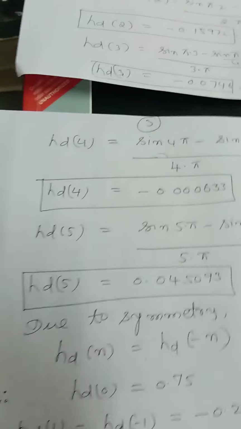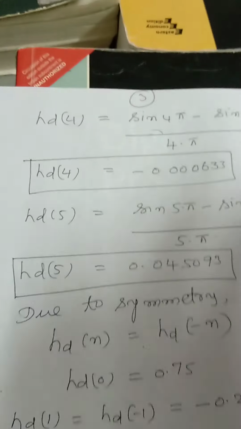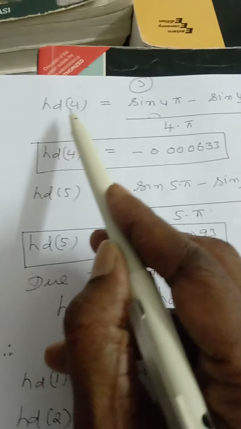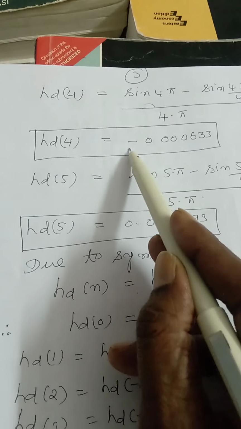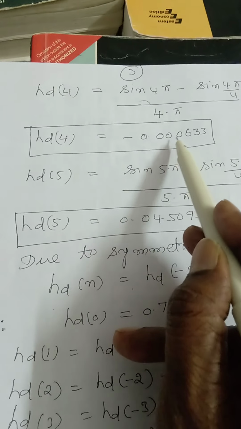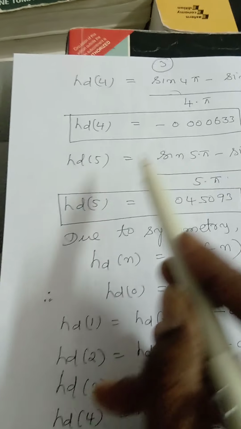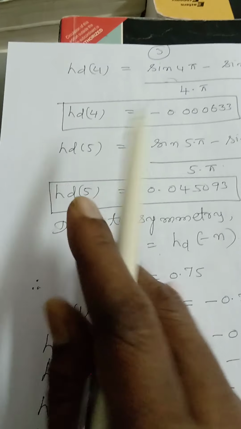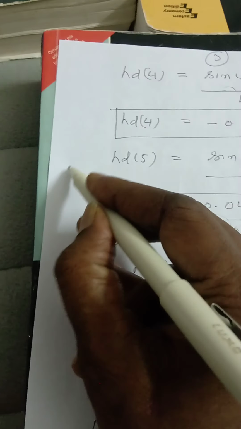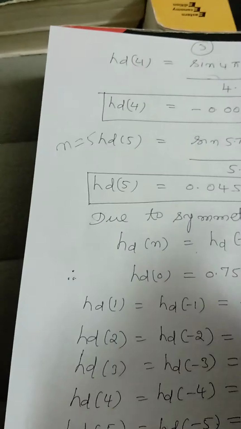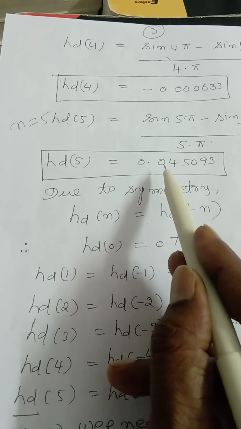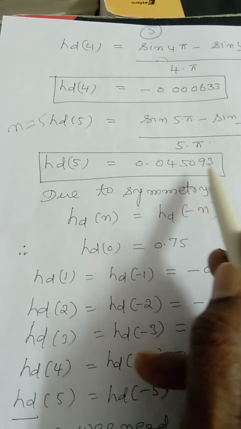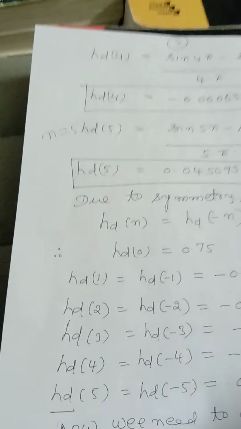Now for n is equal to 4, hd of 4 is equal to, how much you got? Minus 0.000633. Then for n is equal to 5, hd of 5 is equal to, how much you got? 0.045093. You understand?